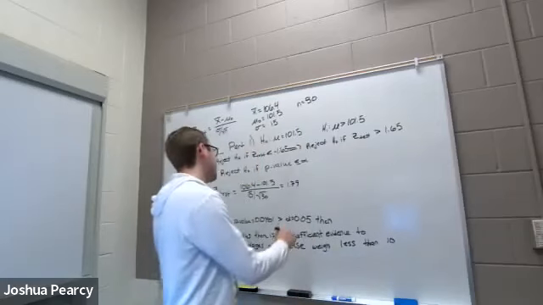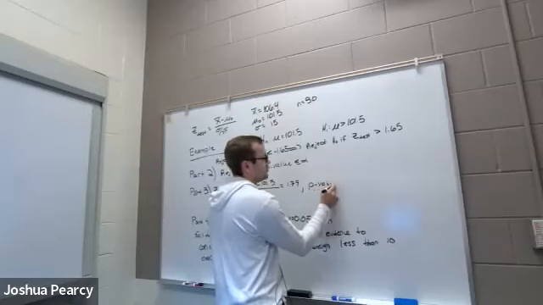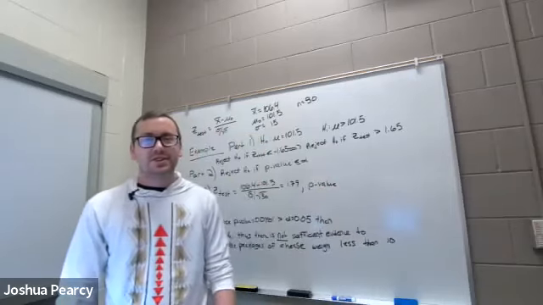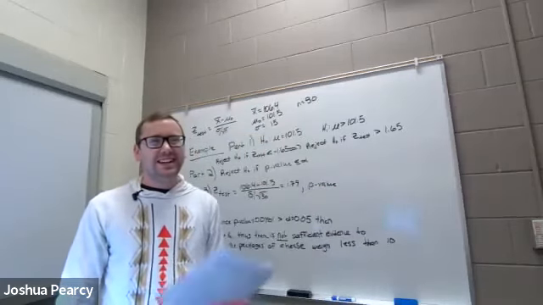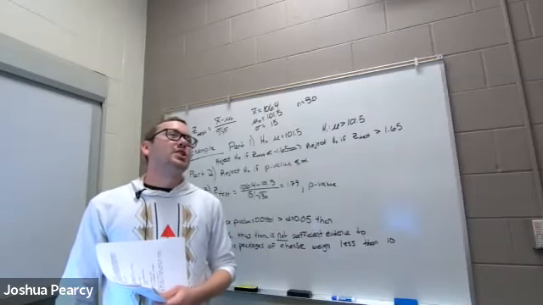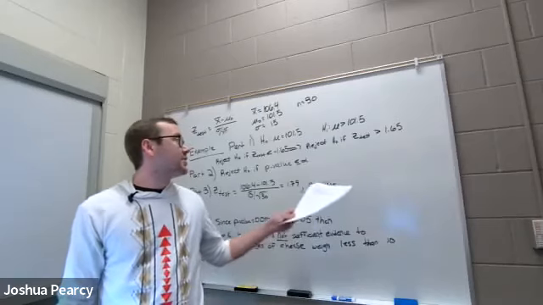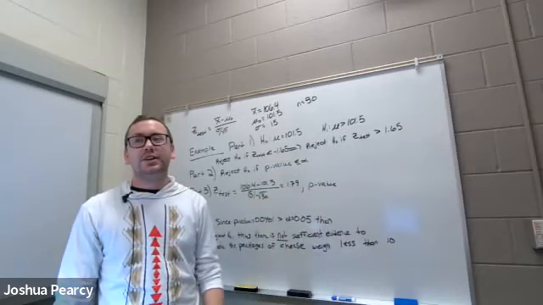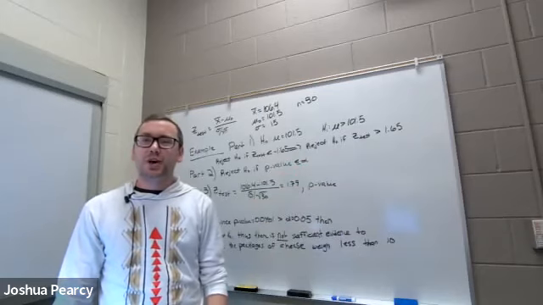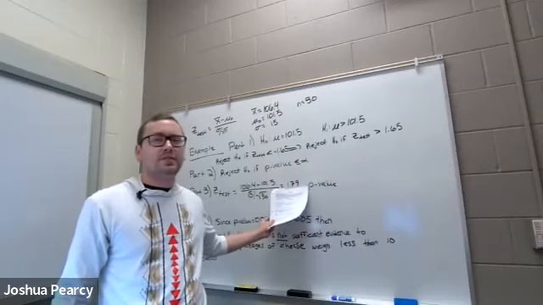Then the next part says find the p-value. By definition, the p-value is the probability of getting a test statistic more extreme in the direction of the alternative. So the alternative is greater than, right? So that means the probability of getting a z-score greater than the one we got.